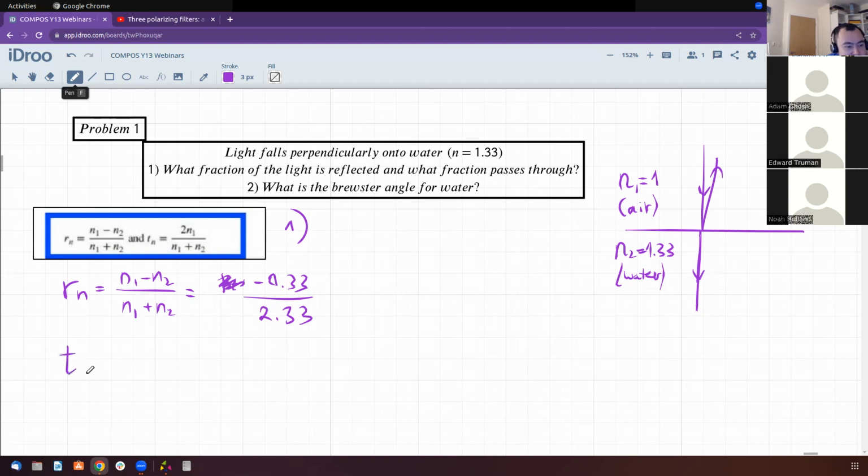And when you have the transmitted, so that's going to be 0.33 divided by 2.33. That's 14% is reflected. So 0.14 is reflected. And Tn is 2 multiplied by N1.